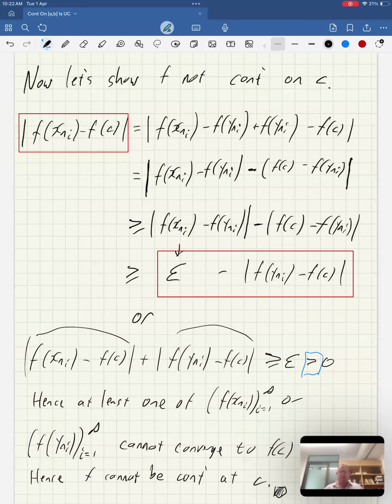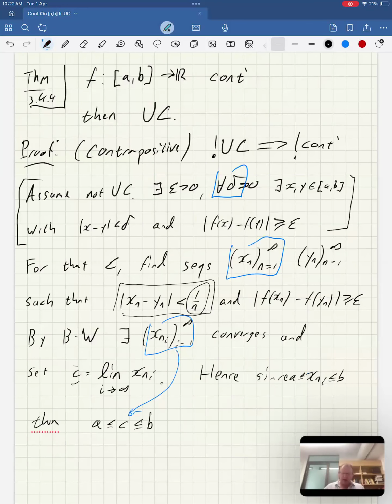Okay, so let's review what we did again. We spoke about a function on a closed interval [a, b], a real valued function that is continuous. So that means that at any point of that interval, it is continuous. Then we want to show it is uniformly continuous. But the way we're showing it is by the contrapositive.